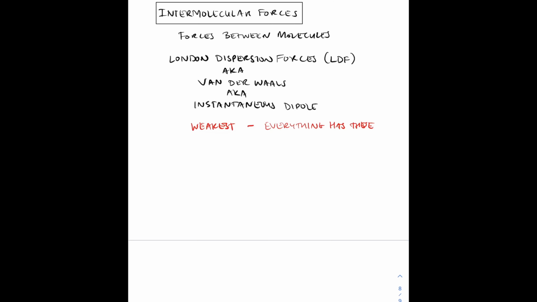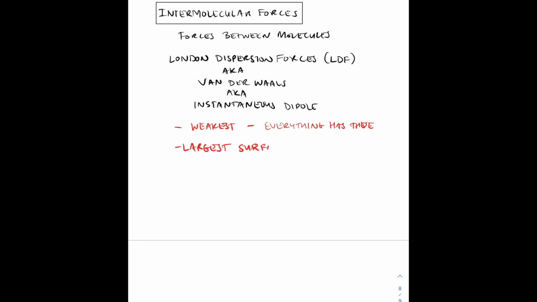So for the molecules that only have London dispersion forces, some of them have stronger London dispersion forces than others. And so the largest surface area is going to have stronger intermolecular forces.